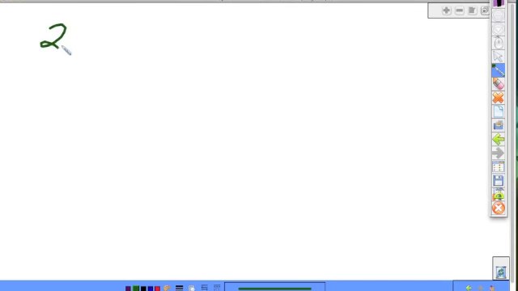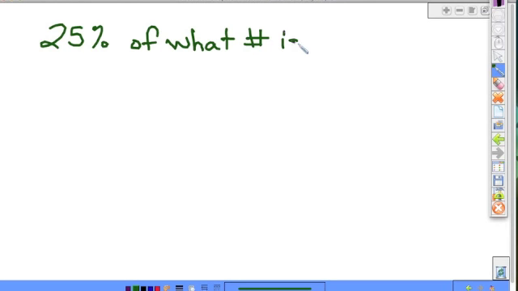All right, let me do one more. We have 25% of what number is 28.25. Again, if you line it up right, you'll be doing fine. So we have 28.25 because that is our part, or our "is" number.